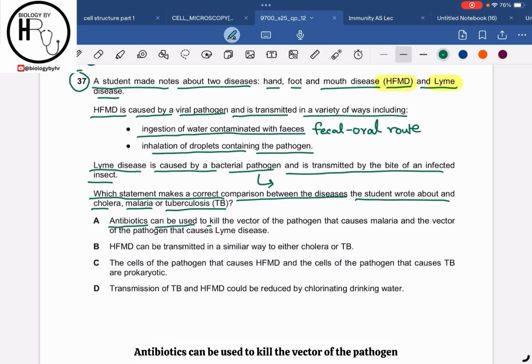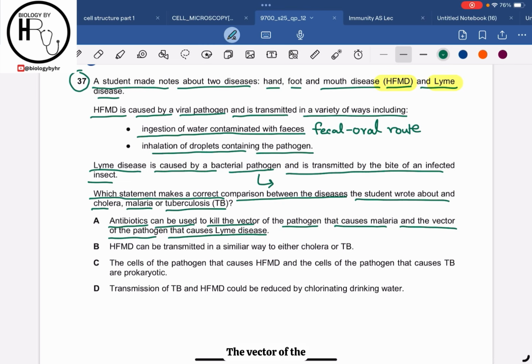Antibiotics can be used to kill the vector of the pathogen that causes malaria and the vector of the pathogen that causes Lyme disease. The vector of malaria is basically an insect, the female Anopheles mosquito. This statement is actually wrong. Why is this statement wrong? Because antibiotics usually kill bacteria and do not kill vectors. For example, they do not kill mosquitoes.